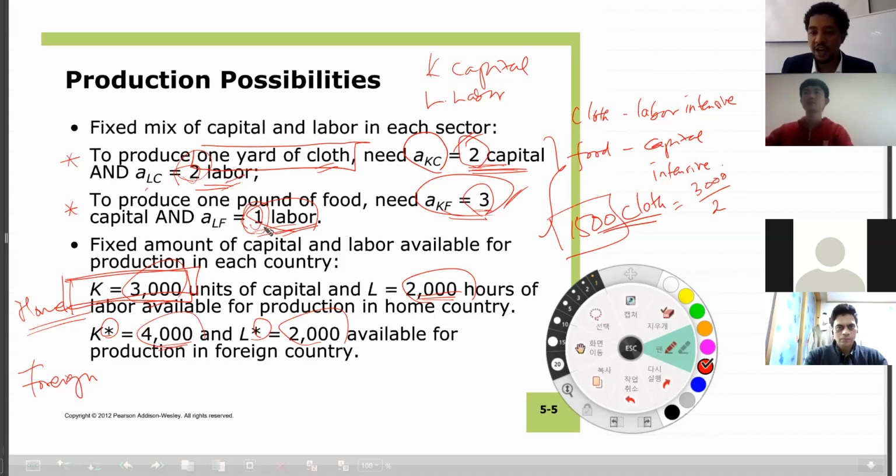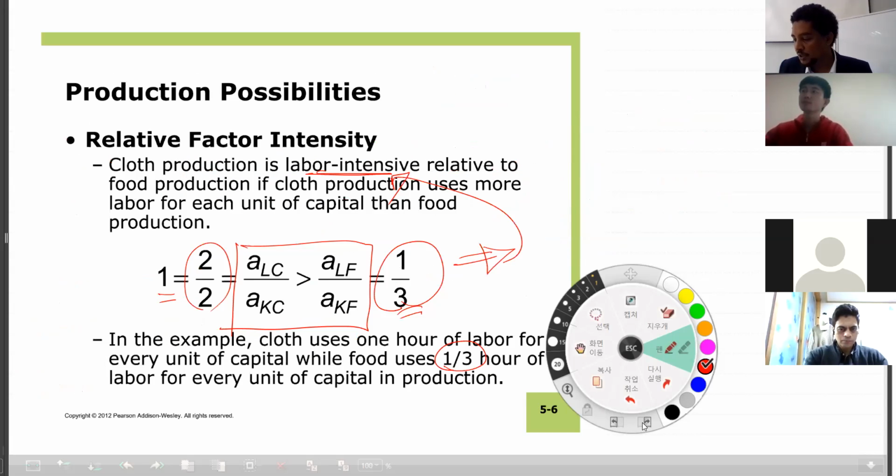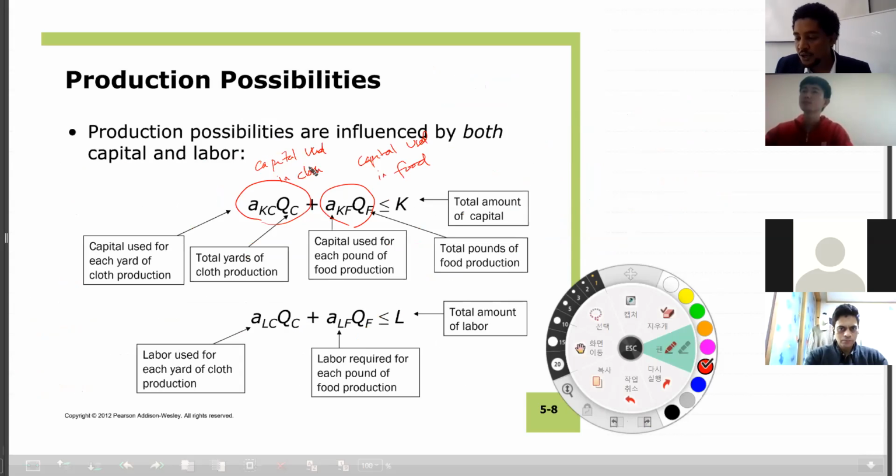The same thing is true for labor. We have required labor is 1, required labor is 2, total labor we have is 2,000. So the total labor required to produce clothes and food should be less than or equal to 2,000, right? Because that is the maximum that we have. That is what this equation is telling us. We have capital used in clothes, capital used in food, which should be less than or equal to the total amount of capital we have. Same is true for labor, because we have K and L; L is labor, K is capital.